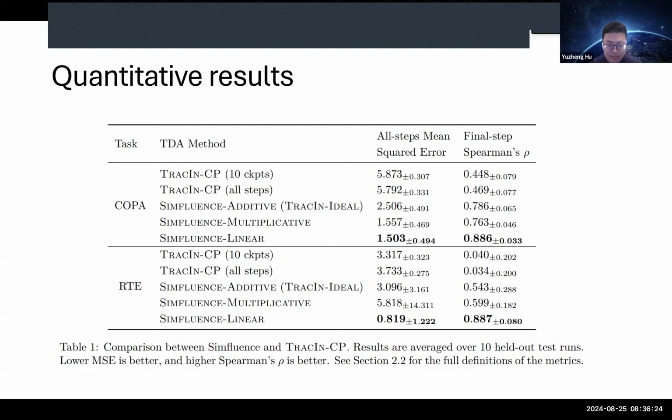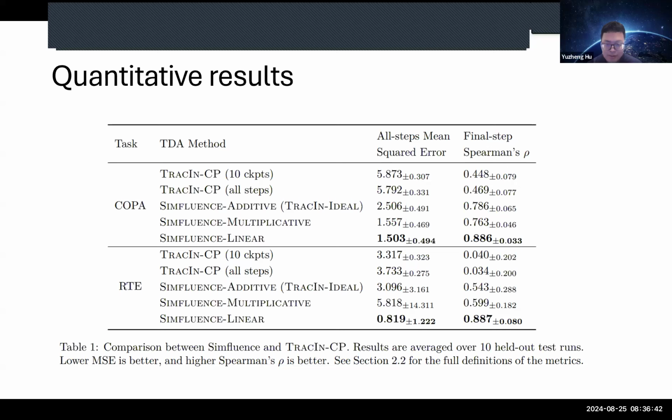Another observation, by comparing Simfluence additive and Simfluence multiplicative, is that none of these methods strictly dominates the other on all of these metrics.